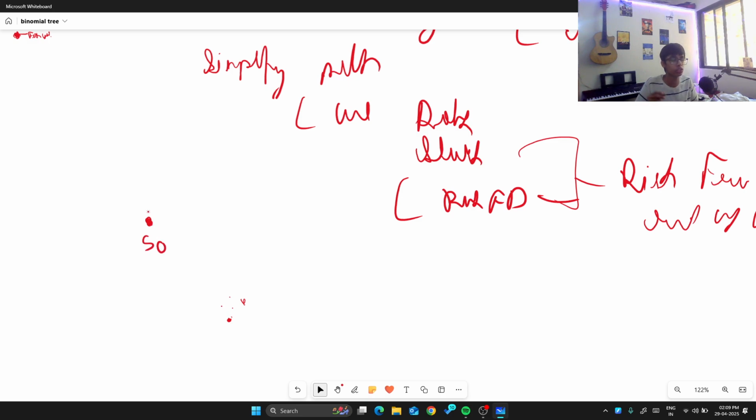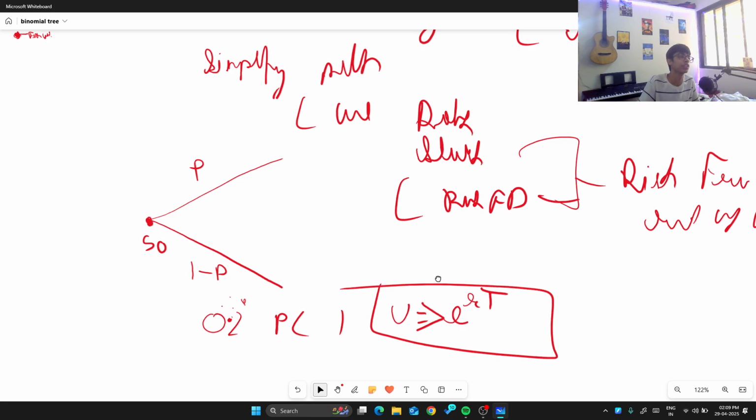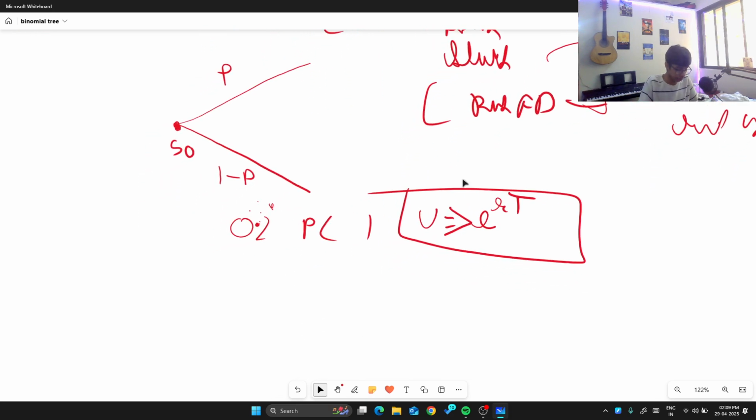If the stock starts with S0, the probability of going up would be P, and the probability of going down would be 1 minus P, where P will be between 0 and 1, right? Of course, it is a probability. The up movement should be more than the discounting factor, because otherwise it doesn't make sense. That's the condition.